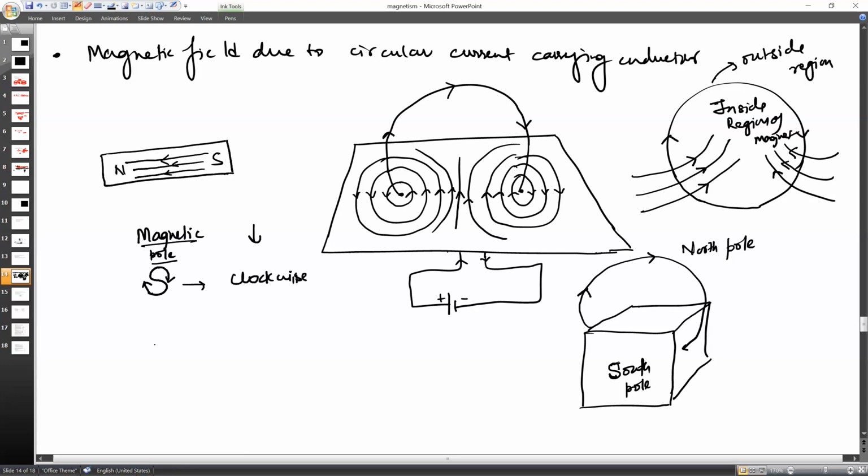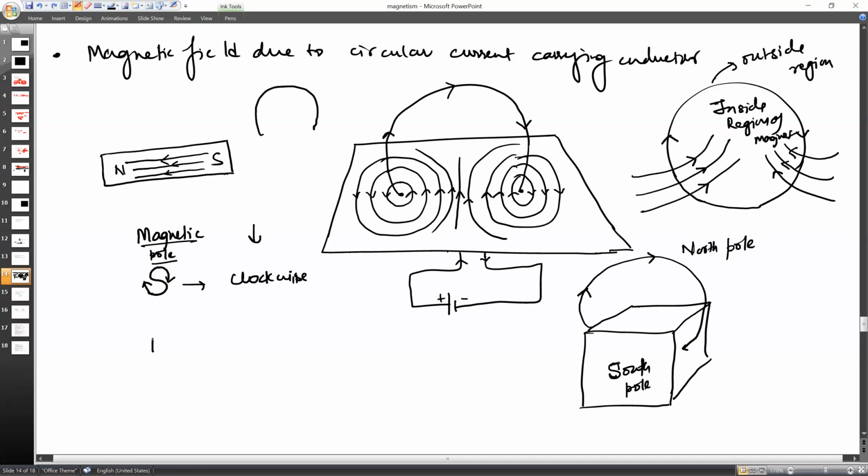Got it? And if you watch the same coil from the other side, behind the screen, the same current direction will be seen as anti-clockwise. So if it is clockwise from one side, it will be anti-clockwise from the other side.